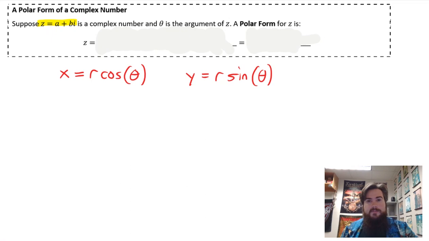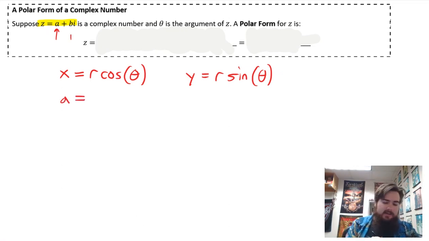We should be able to do the same thing to connect rectangular representations of complex numbers and polar representations of complex numbers. The way we're going to do that is we consider the real component of the complex number, a in the above representation, and align it along the x-axis. So we can think about x very similar to a here.